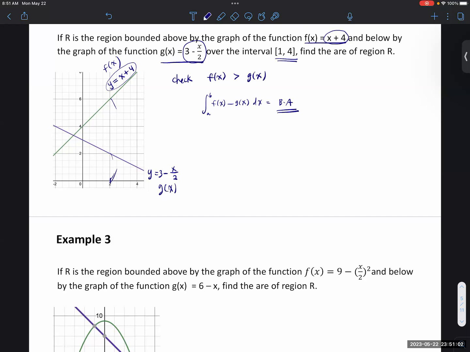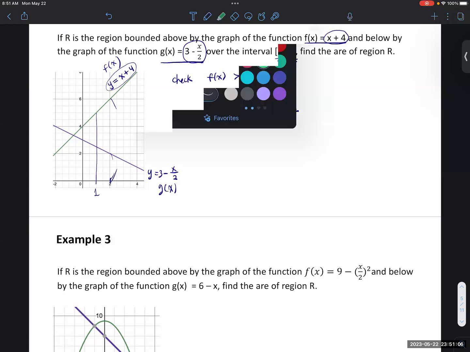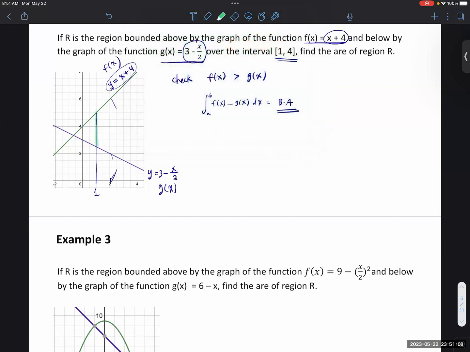Between 1 is going to be around here, and 2 units. So we are looking for the area, 1, 2, 4. So this is the area we are looking for. Let's set up that equation. We checked that f is higher. So from 1 to 4, f is going to be x plus 4 minus 3 minus x over 2.